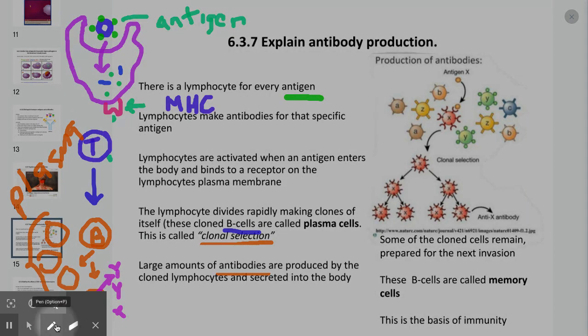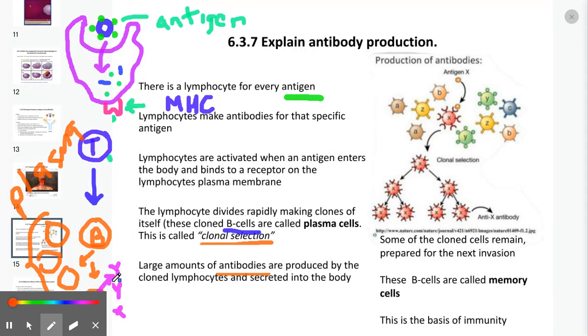Another type of cell this will divide into, it's also a type of B cell, but it has a specific name because its job is to hang around and wait for the next infection. And these cells right here are called memory cells.